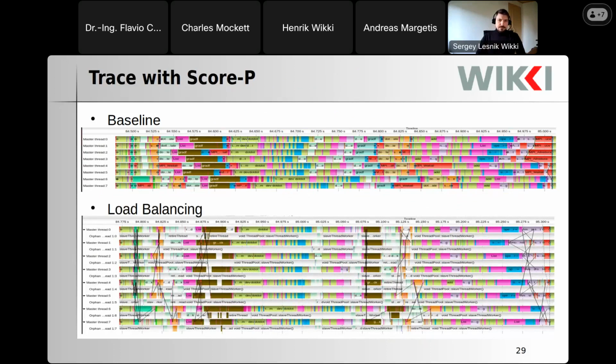Okay, so here is a busy graph. What I have here is a trace with Score-P. So what you see here is the reality rather than the graphical representation that I showed before. Each block that you see with the colors is an operation. Time ticks from left to right. For the baseline, we have 8 MPI ranks.